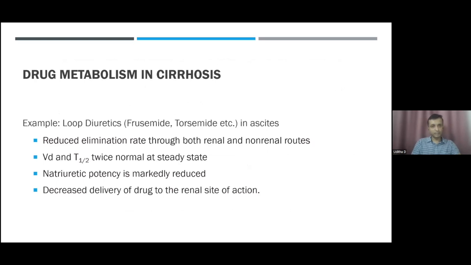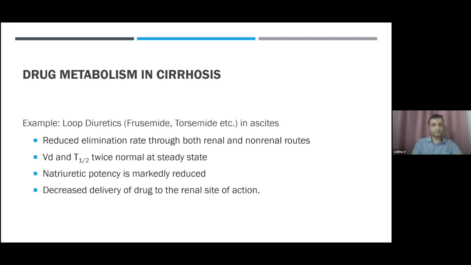For example, let's take a commonly used drug in cirrhosis, a loop diuretic like furosemide or torsemide, in patients with ascites. In these patients, these drugs have reduced elimination rates through both renal and non-renal routes. The volume of distribution and the half-life are about twice normal, so they are redistributed more and last longer in the body.